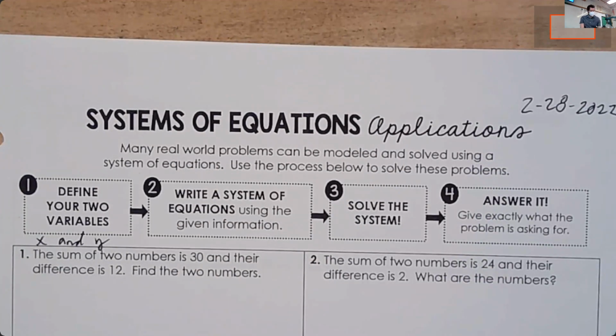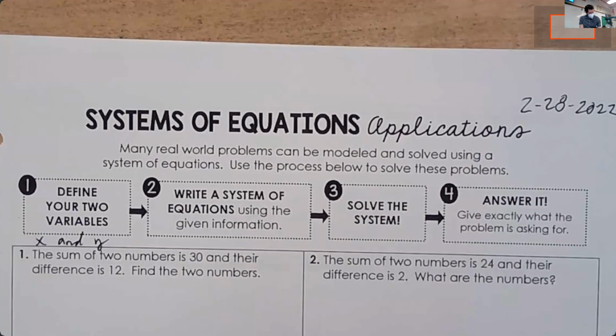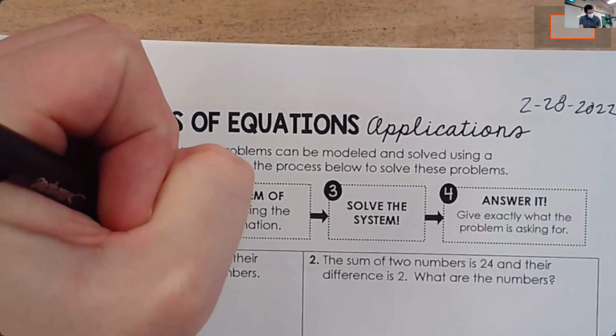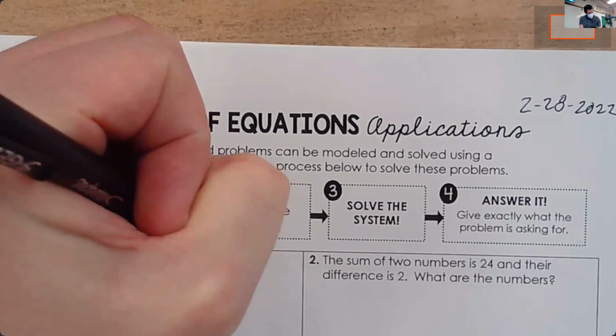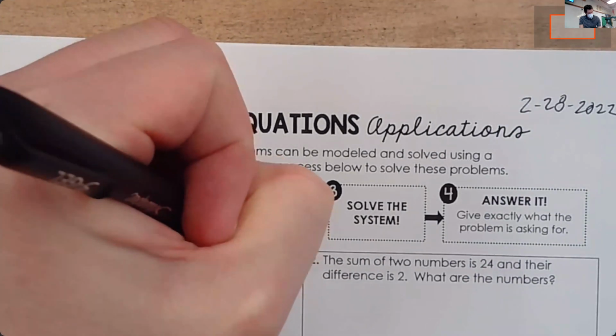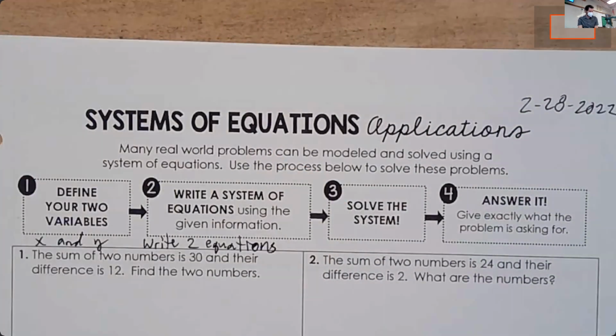Step 2, write a system of equations, so write two equations. And then step 3, solve the system. That would be either substitution or elimination. And then give an answer for it.